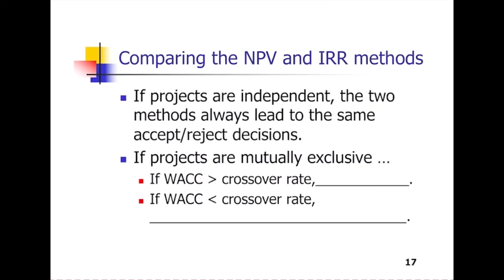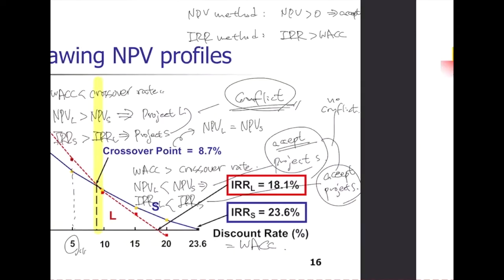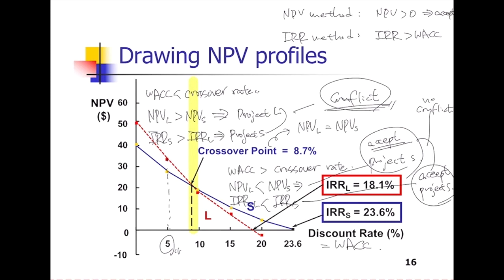So we can conclude that the projects are mutually exclusive. It means we can choose only one project. When the WACC is larger than the crossover rate, there is no conflict, right? So we can conclude that the MPV method and IRR method lead to the same decision.